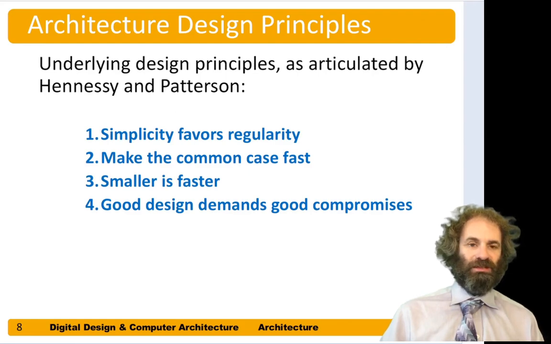Number 3 is that smaller is faster. If you can build an architecture with fewer instructions, fewer registers, then it will be able to run those faster. But finally, number 4, good design demands good compromises. So instead of sticking religiously to the first 3 principles, occasionally you do have to make compromises for the sake of efficiency.